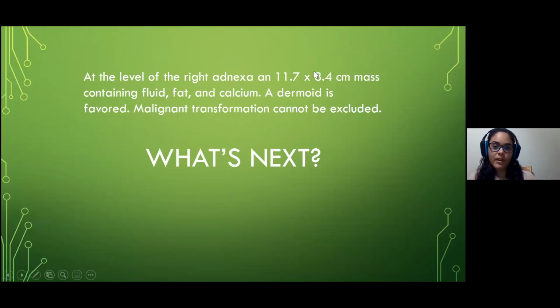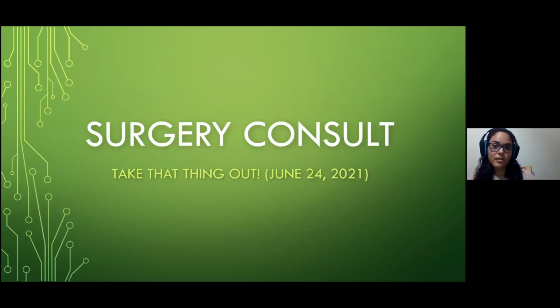So fat, fluid, even calcium, and a malignant transformation cannot be excluded, because they don't tend to do it, but it can happen. So what was the next best thing? A surgery consult, take that thing out. I mean, that doesn't belong there. It can be bad for her, right? It can become malignant. So she went to a surgery consult, and they prepared her for surgery on June 24.